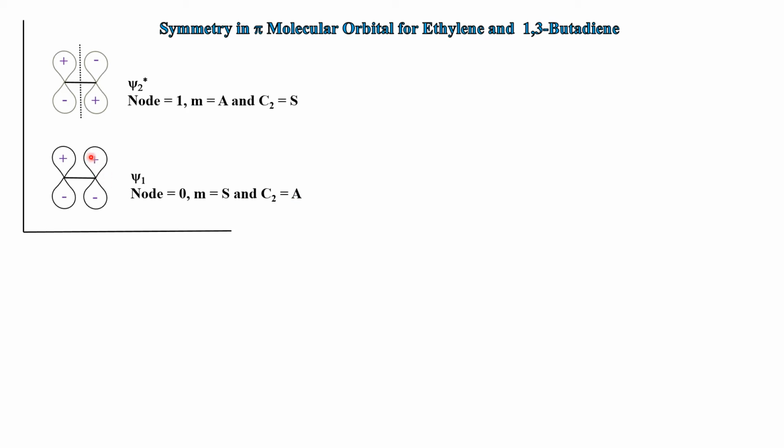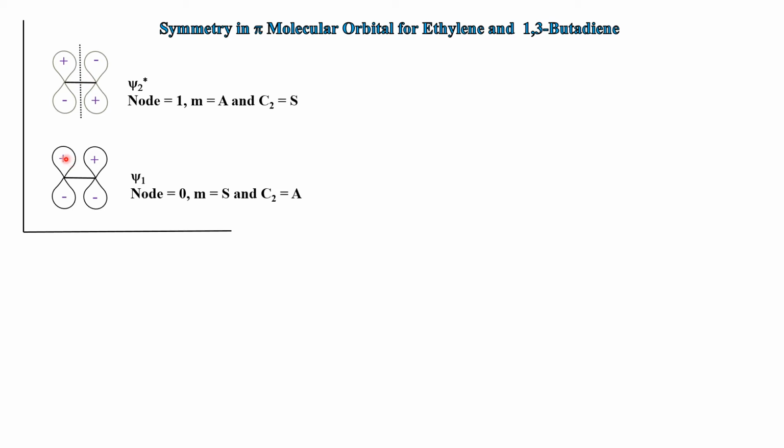And there is no node. What is a node? If a positive wave function is followed by a negative wave function lobe, then they cannot interact with each other. They cannot combine. So there is a node. This line is shown by a node.